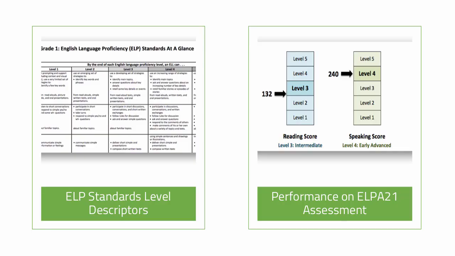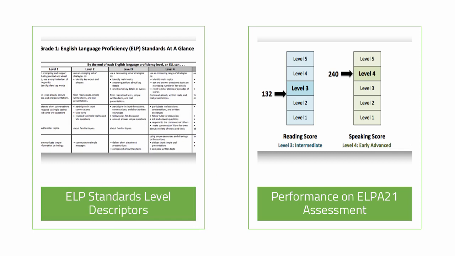Before we conclude this video, we want to point out an important difference between achievement as measured on the ELPA 21 assessment and the descriptions of skills and knowledge in the ELP standards level descriptors. The level descriptors are an attempt to think about how knowledge and skills might look for students at different places in their development of language, so that we can plan instruction to meet their needs and scaffold them toward proficiency.